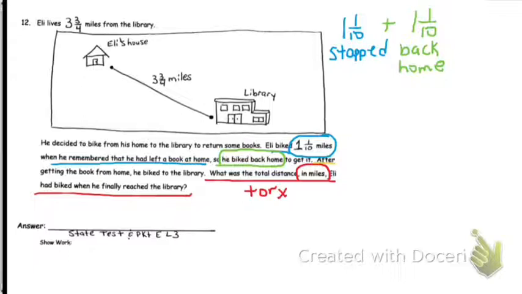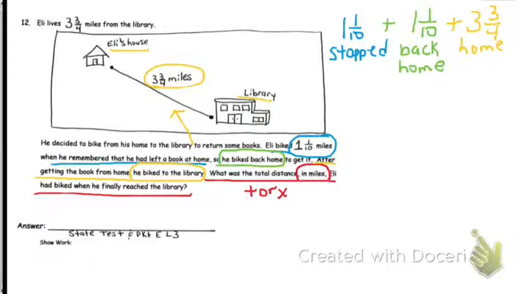Well, we also know that after getting the book from home, he biked back to the library. So what's the distance from his house to the library? Well, it does show me on this little map here. Eli's house to the library is 3 3/4 miles. So after he got his book, he had to make the whole trip to the library, so I'll add on that 3 3/4 miles. Now, why am I adding these all together? Because each distance is different.